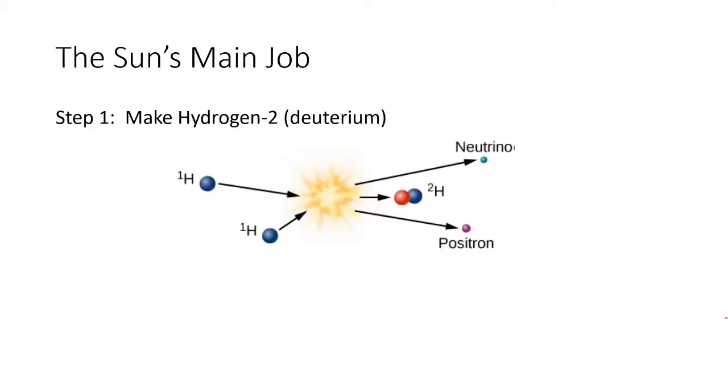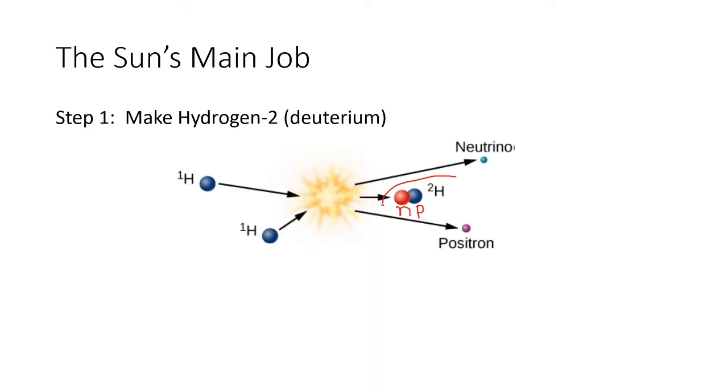So the sun's main job, and we're going to go through the 3 steps, but then we'll simplify it. The sun's main job involves 3 steps. The first is to make hydrogen-2, which is called deuterium. So we take one hydrogen atom and another hydrogen atom, and the blue is the proton. Well, one of the protons gets converted into a neutron.